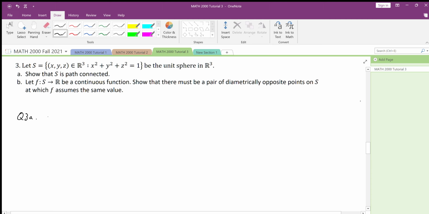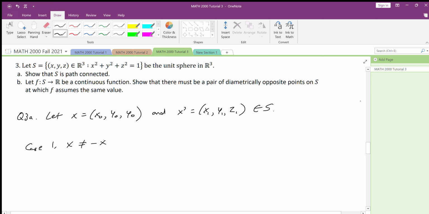To do this, I'll break up the work into two cases. So we begin by letting vector x and vector x prime be from the sphere S. Case 1: x is not equal to negative x prime.